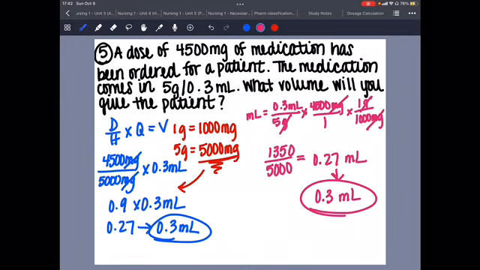So, yeah. If you're going the desired over half route and you have to convert, whichever one, whether it be your desired or your half, you have to convert first. Typically, if you're going to convert, you want to convert whatever it reflects.